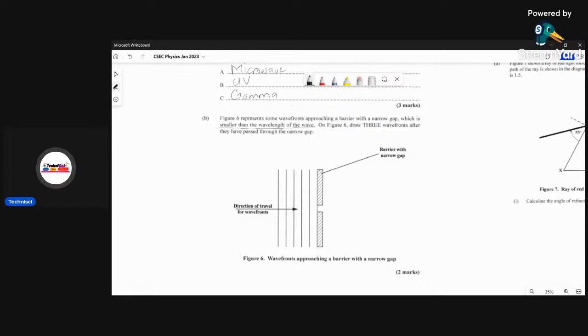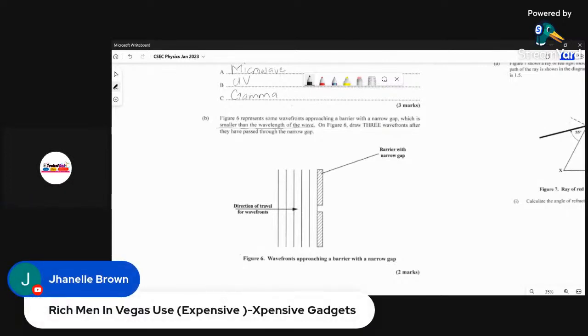Rich men in Vegas use expensive gadgets. Yeah, that one is good too, Janelle. So Janelle gave us one. So really and truly, you can find different acronyms that will help you to remember the order.